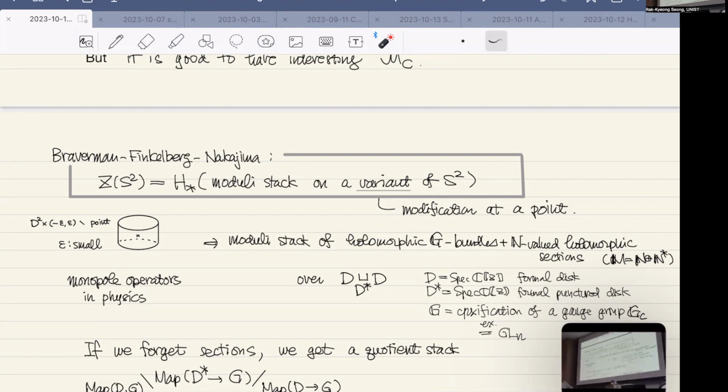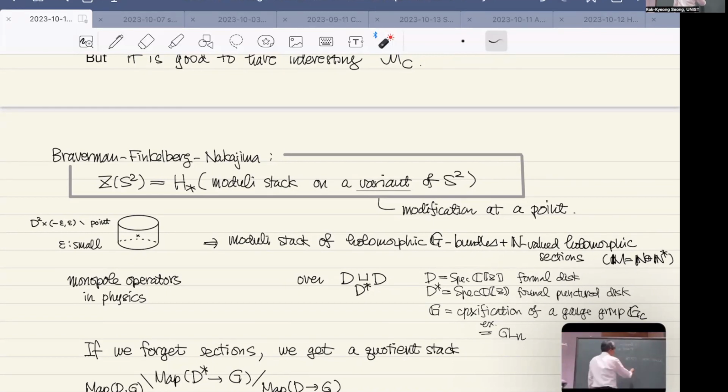Maybe I can draw here. So this is a formal disk, and I choose a very small epsilon. There is some singularity in the middle, and I make epsilon smaller and smaller, and consider the limit.